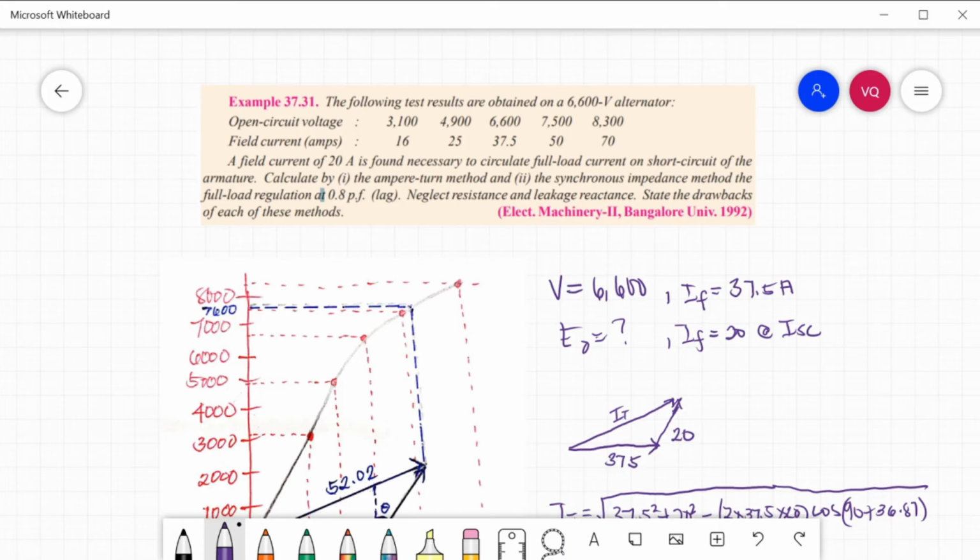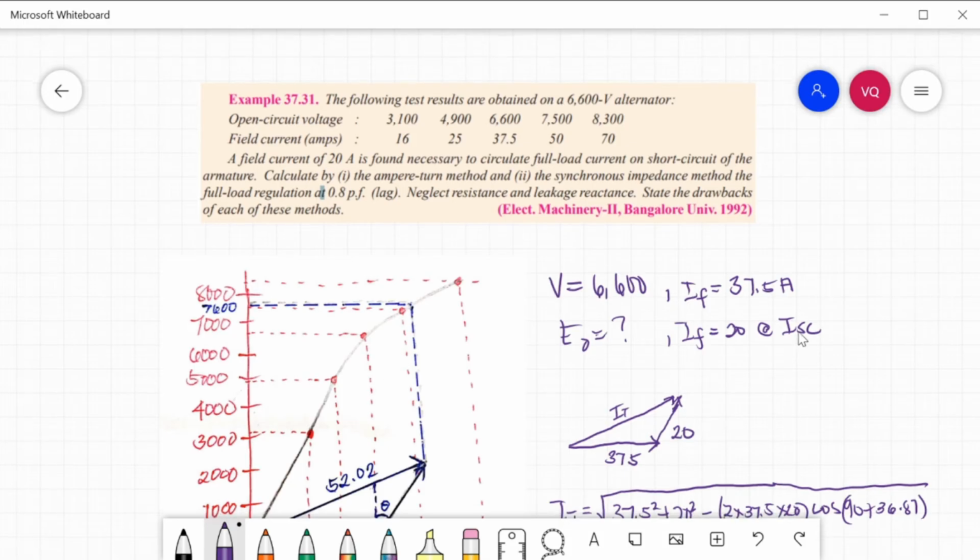A field current of 20 amperes is found necessary to circulate full load current on short circuit of the armature. Calculate by Ampere turn method the full load regulation at 0.8 power factor lagging. We will solve the voltage regulation at 0.8 power factor lagging using Ampere turn method.